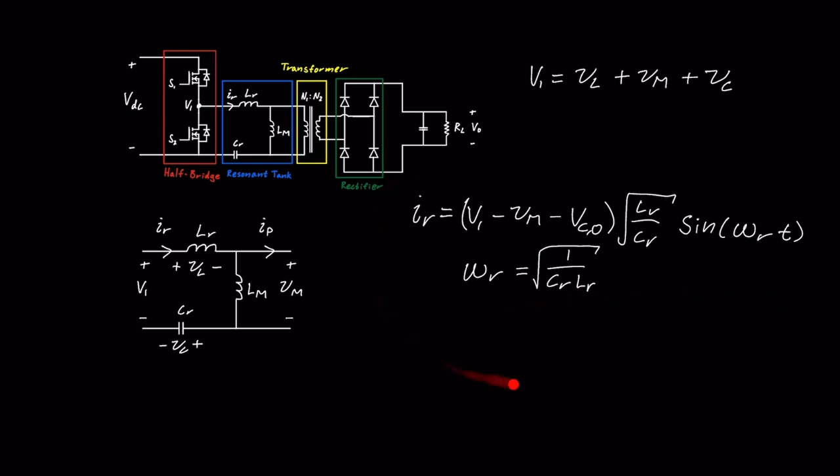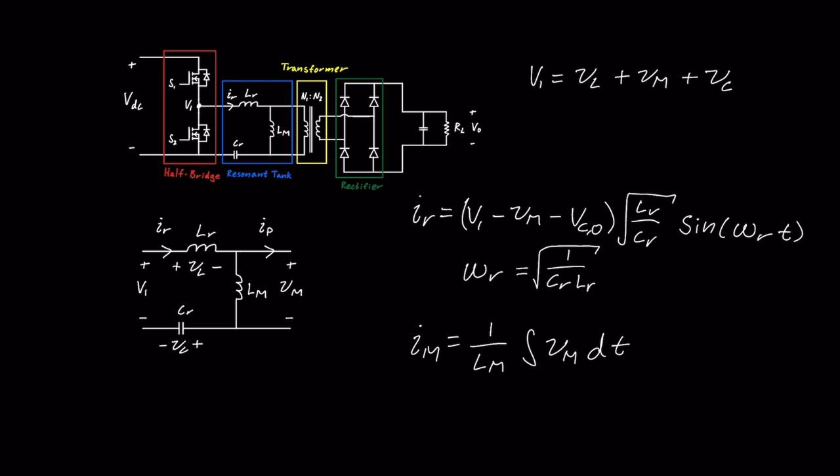This is not the only one that we have, because there are different scenarios. So I'll come back to the second one later. Now we want to find the current flowing through LM, which is simply this voltage integrated. So IM equals 1 over LM multiplied by the integral of Vm.